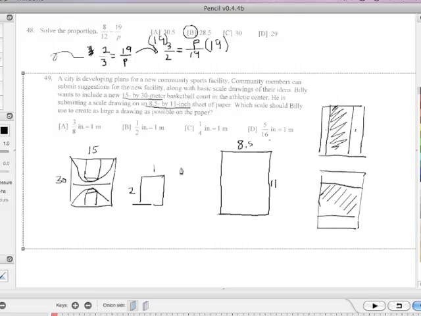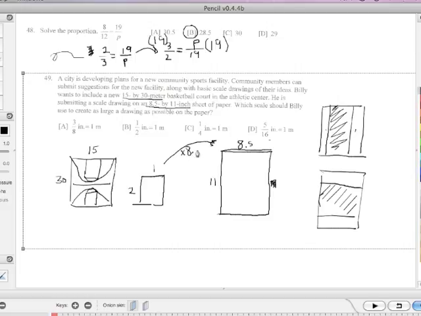Well, this is a proportion. Let me put this 11 over here. It makes more sense to put it there. Okay, so it's 1 by 2 versus 8.5 by 11. Well, if we match this side up to this side, it would be times 8.5.